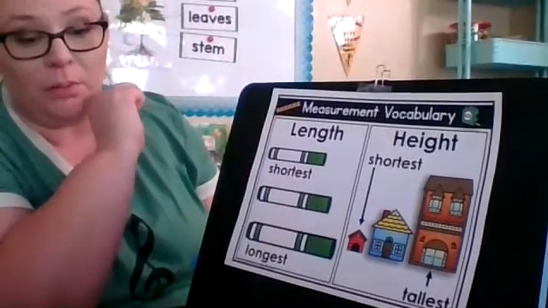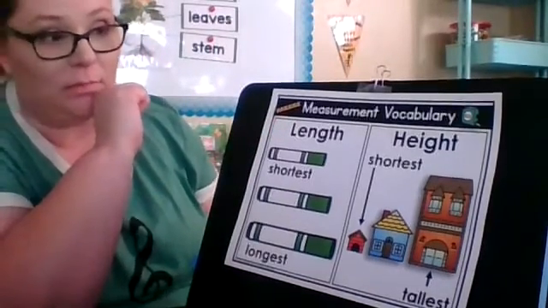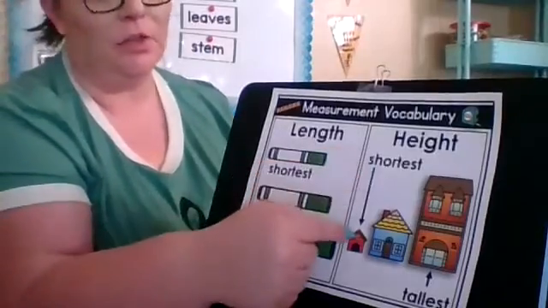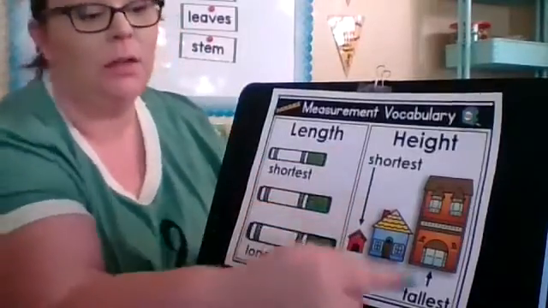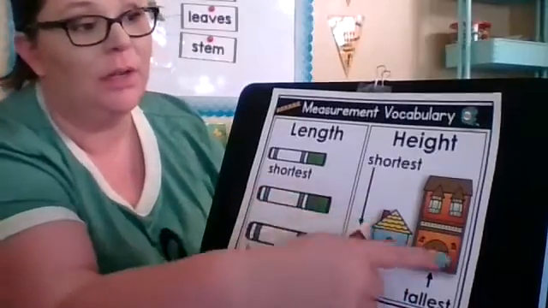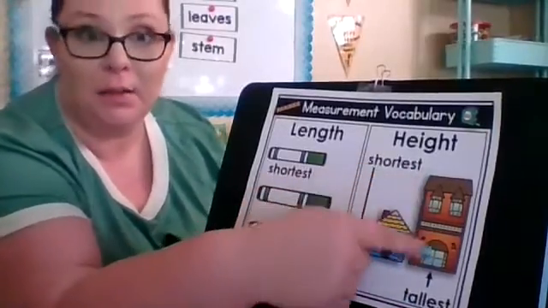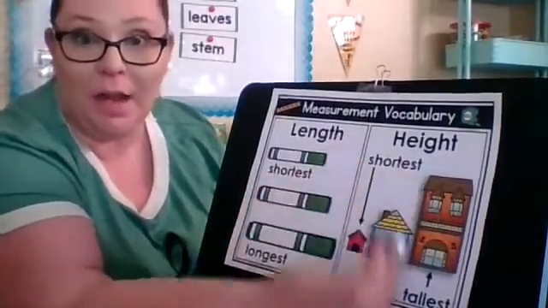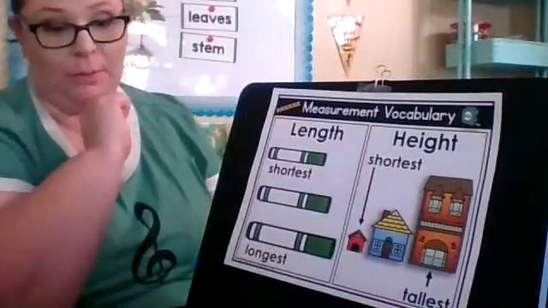And what about when we're comparing height? We're going to say short, shorter, shortest, tall, taller, tallest to compare the height, or how high up they go into the air, okay?